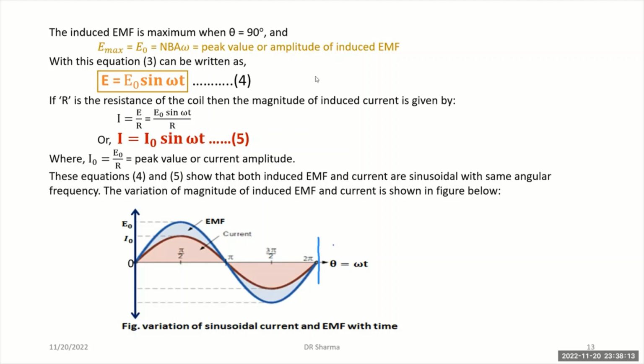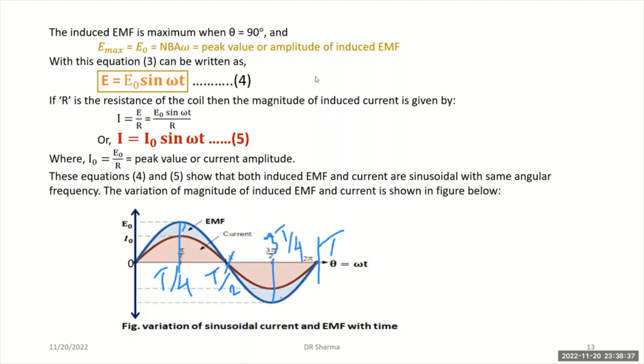So complete wavelength means total time period T. Half wavelength complete means time period T by 2. 1/4 of wavelength completed means 1/4 of time period. Here 3/4 of wavelength completed, so this time period is 3T by 4.